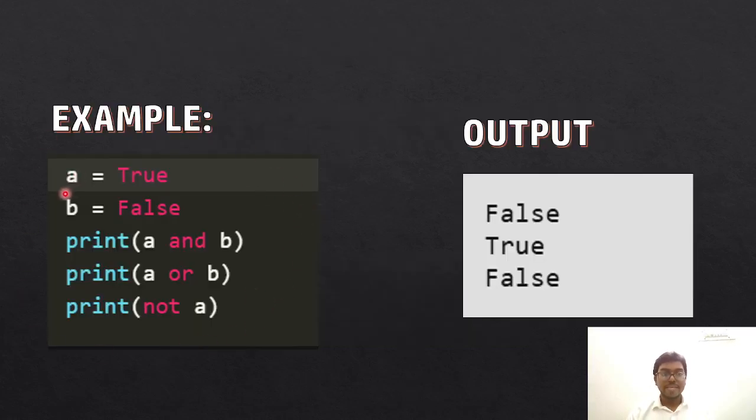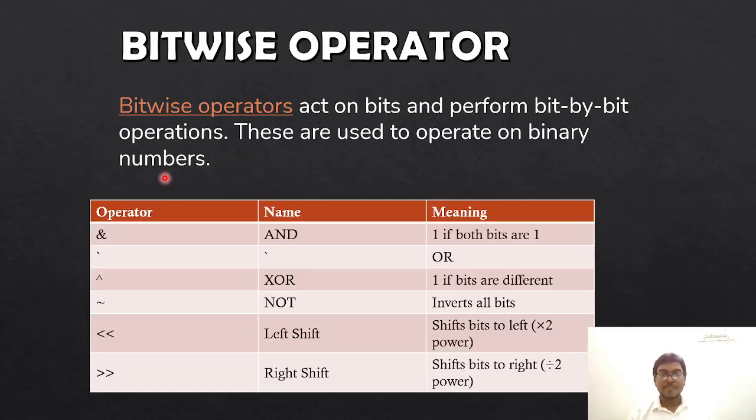For example, if A equal to true and B equal to false, then for A and B, both should be true, but the values are different, one true and one false, so it will become false. For A or B, it will be true because 1 or 0 can be 1, but not A will become false because it makes the true value the opposite.